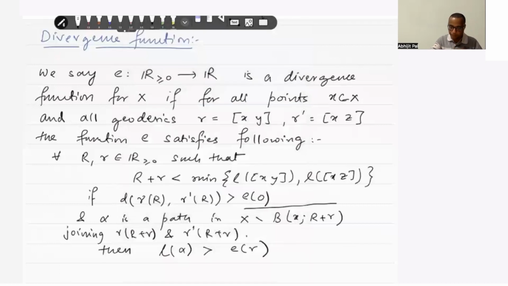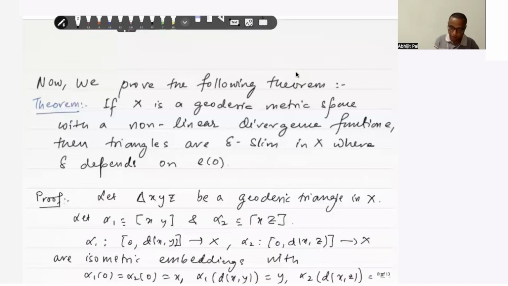Okay. So now what we are going to show is that if there exists a nonlinear divergence function, then that geodesic metric space has to be a hyperbolic metric space. So this is my theorem.